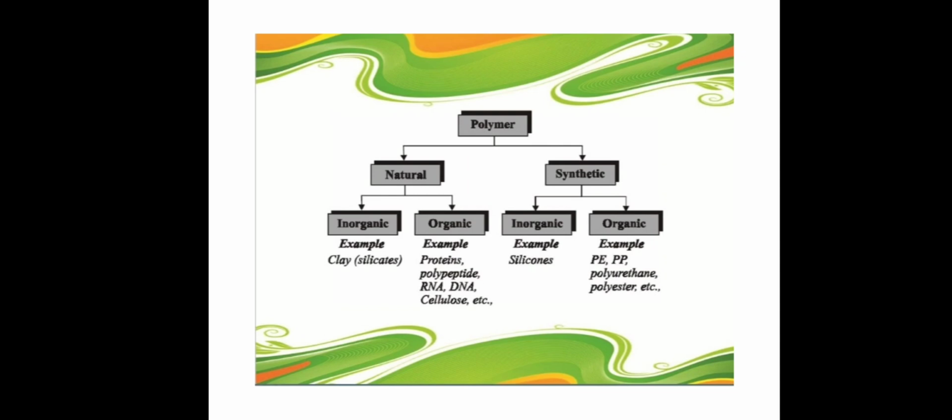In the case of inorganic, silicates, which is nothing but clay. For organic, proteins, polypeptides, RNA, DNA and cellulose. In the case of synthetic, here also two types, inorganic and organic. Synthetic inorganic is silicones. Synthetic organic is polyethylene, polypropylene, polyurethane, polyester, etc.